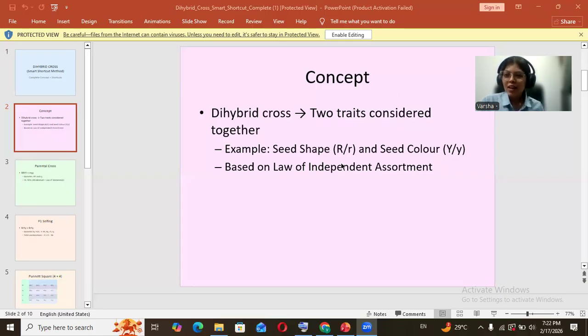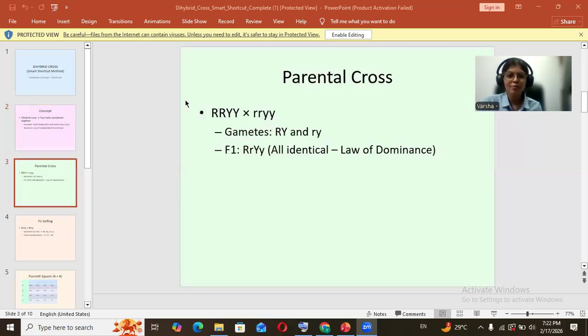I need not say that capital letters represent dominant traits and small letters represent recessive traits. The seed shape was capital R, which is round, small r, which is wrinkled, and for seed color, capital Y, which is yellow, and small y, which is green.